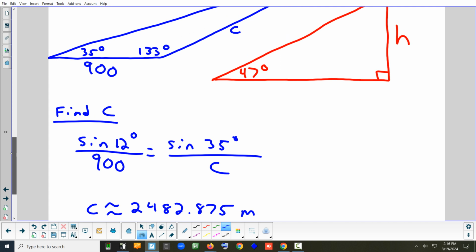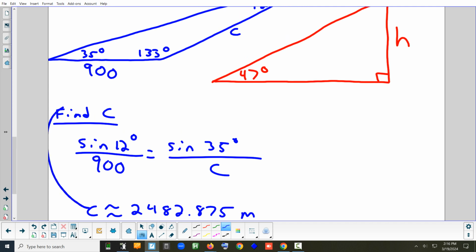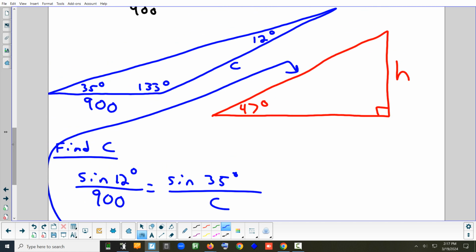Okay, now as Hunter just said, C is that side right there. What is the position of side H? Opposite the 47. And what's the position of the side across from the 90?